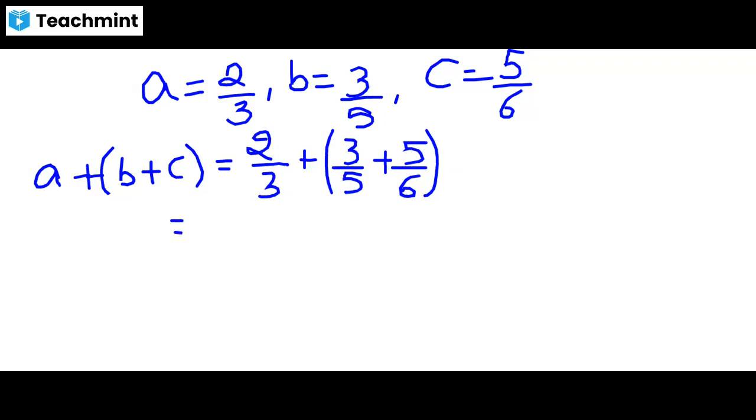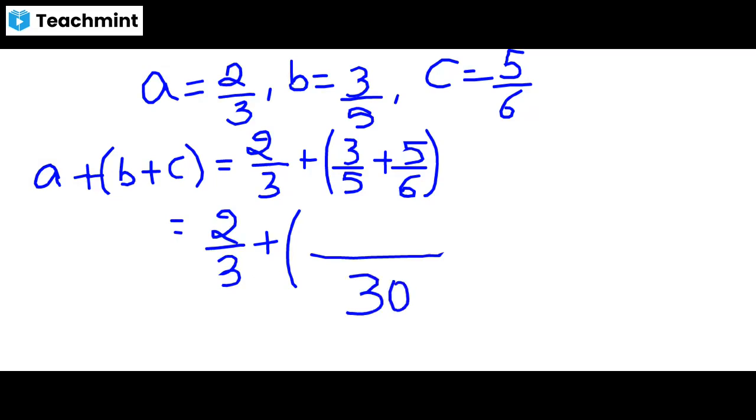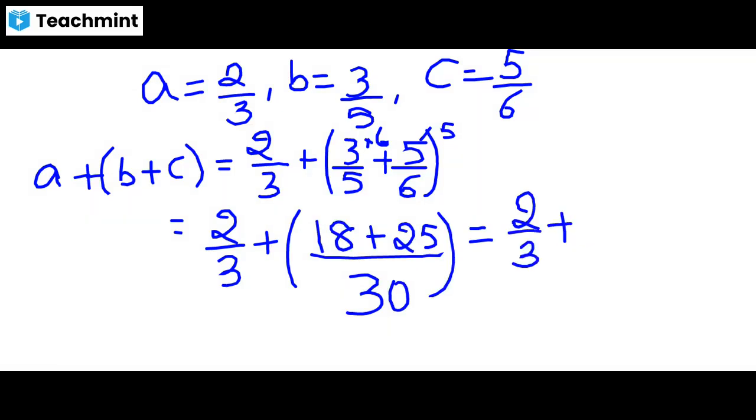Brackets, 2 by 3 plus, if you take LCM of 5 and 6, what you get? 30, ma'am. So this you are multiplying with 6 and here you are multiplying with 5. So what you get in numerator, 3 sixes are 18 plus 5 fives are 25. So this will be equal to 2 by 3 plus 18 plus 25 by 30.